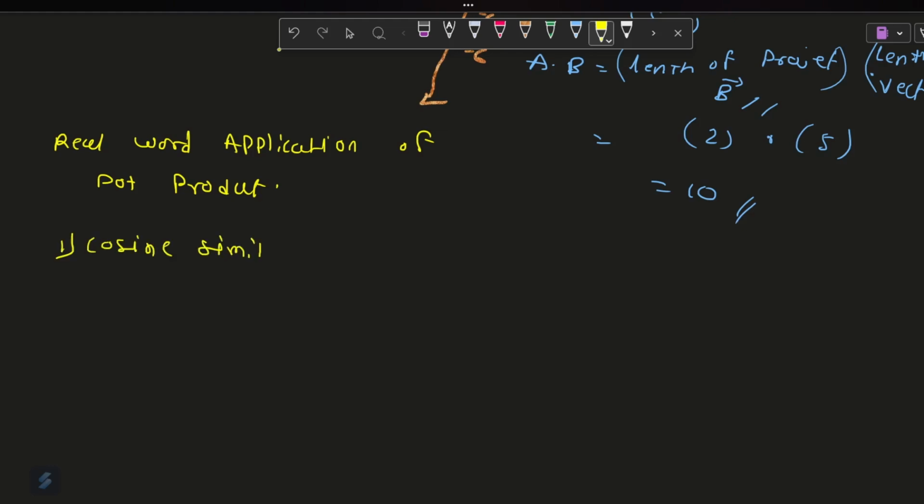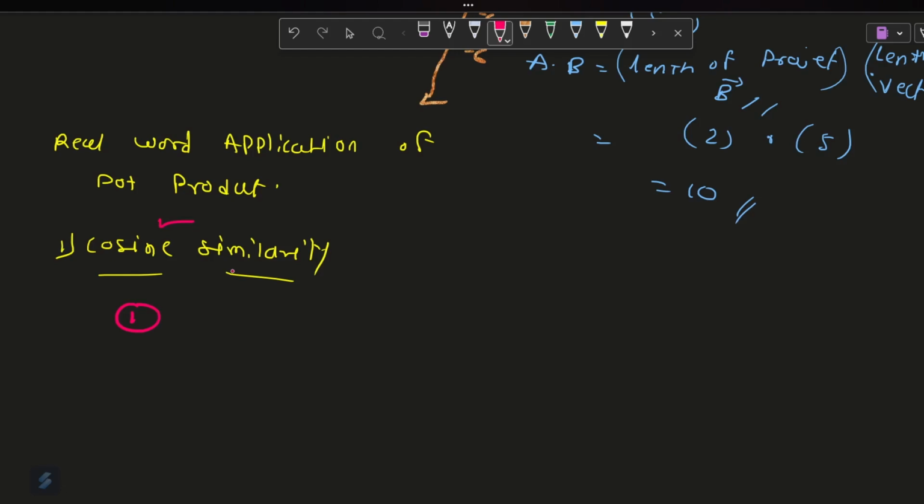It is very useful in NLP and is mostly used in recommendation systems, such as Netflix, YouTube, Instagram, and all social media platforms. They determine recommendations using cosine similarity.